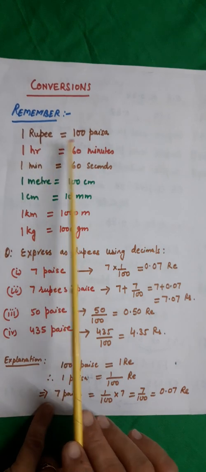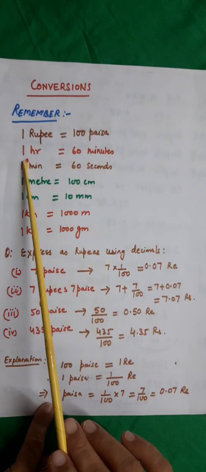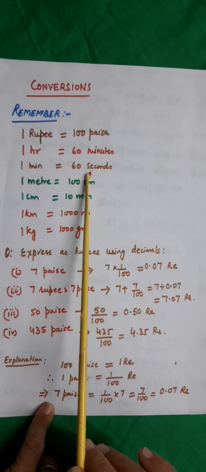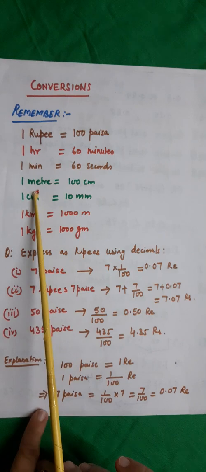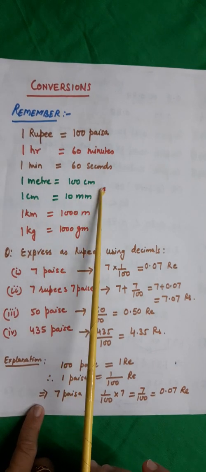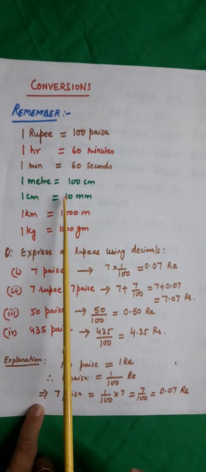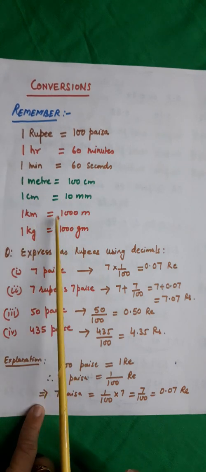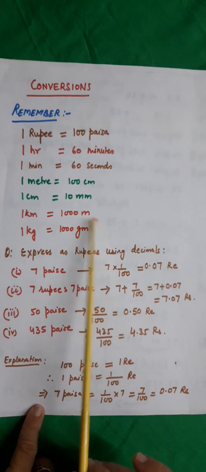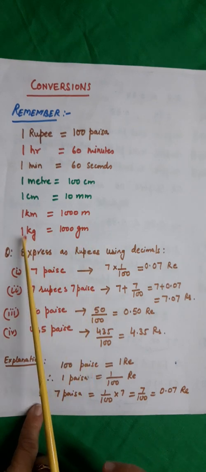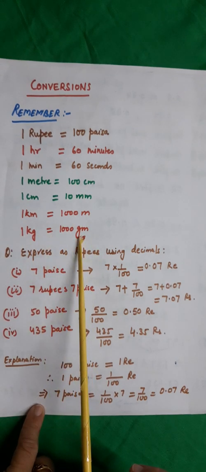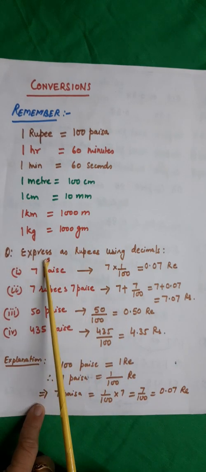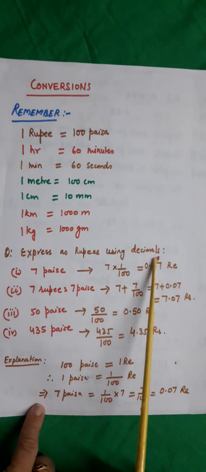That is, 1 rupee is equal to 100 paisa, 1 hour is equal to 60 minutes, 1 minute is equal to 60 seconds, 1 meter is equal to 100 centimeters, 1 centimeter is equal to 10 millimeters, 1 kilometer is equal to 1000 meters and 1 kg is equal to 1000 grams.